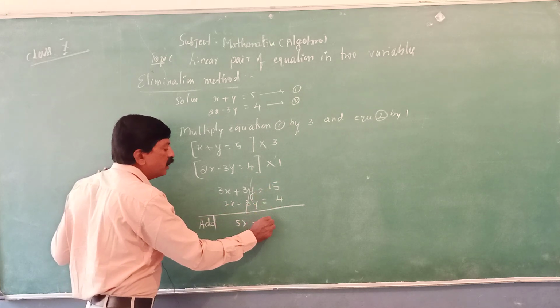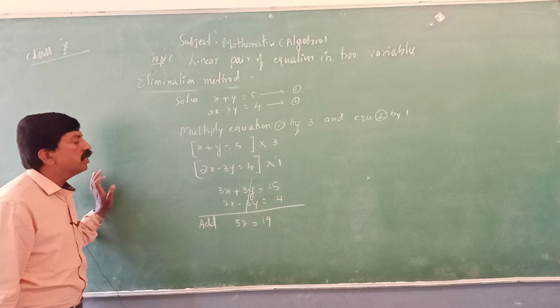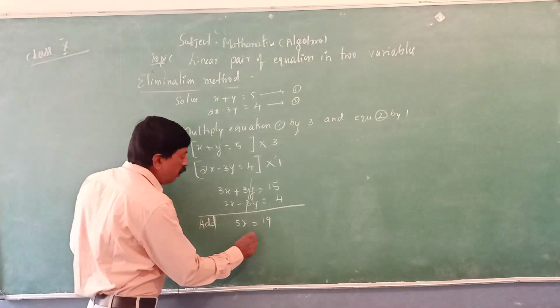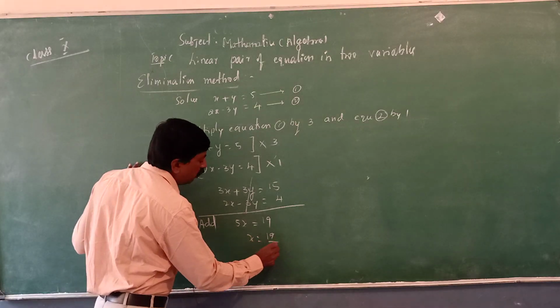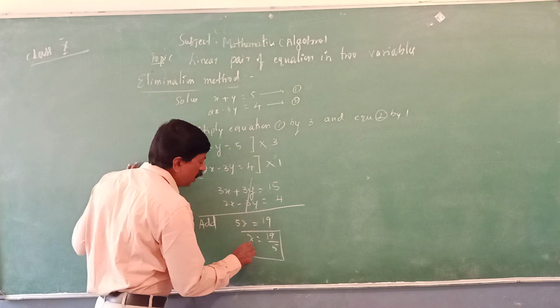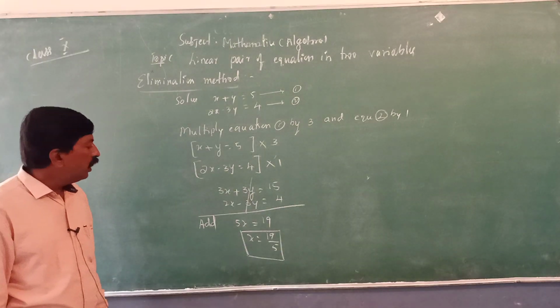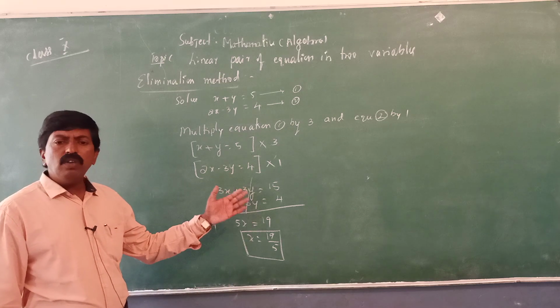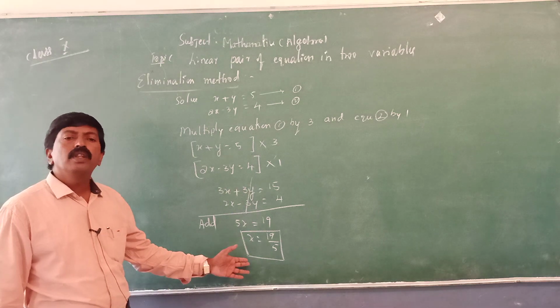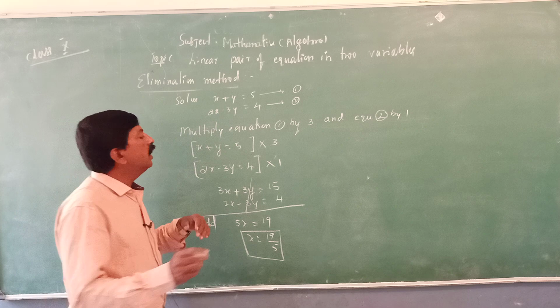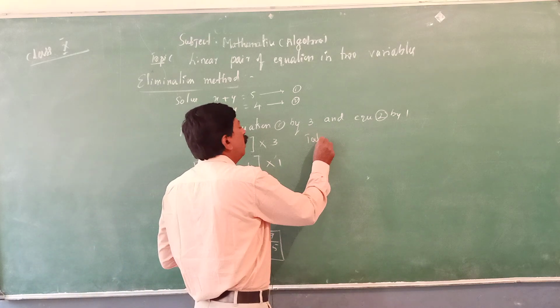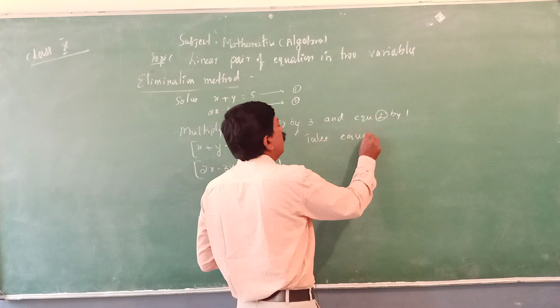The sum of these two is 19. 15 plus 4 is how much? 19. Therefore x is equal to 19 by 5. We got the x value 19 by 5. Using any one equation, you can find the y value. For that you can take equation 1.